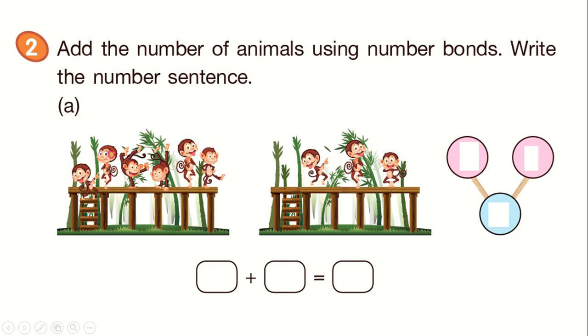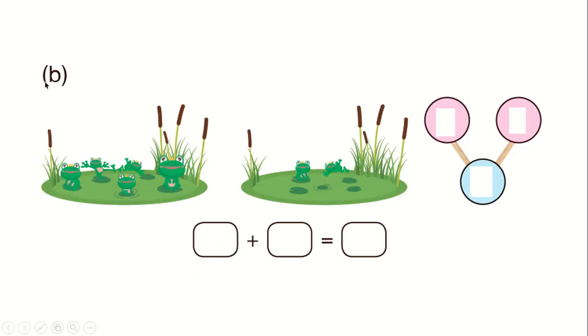Now I want you to answer number 2. Let me read for you. Add the number of animals using number bonds. Write the number sentence. Write your answer for part A. What about part B? Let's see. 1, 2, 3, 4, 5.